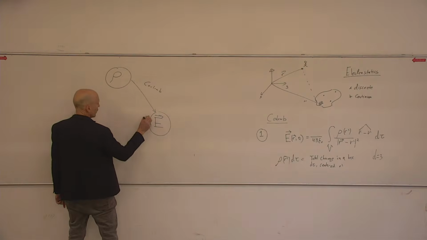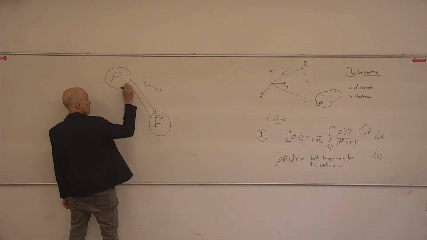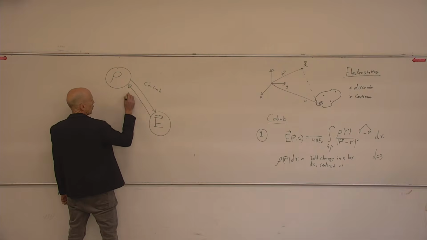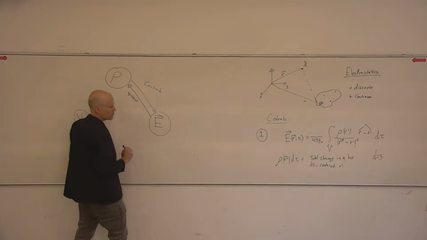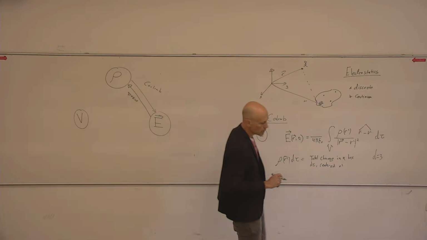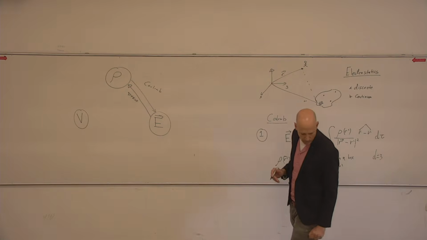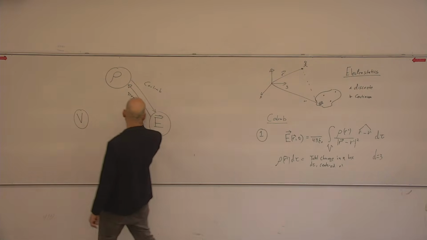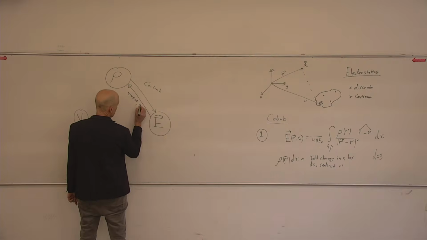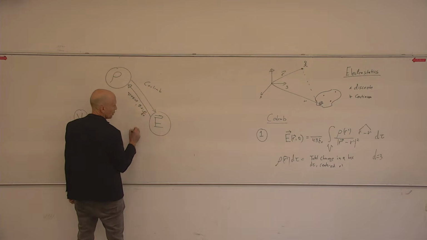If I want to go the opposite way, well, one thing you need to satisfy is that the curl of E is equal to 0. And the second one, which I'm going to discuss a little bit more in detail, is that the divergence of E equals rho divided by epsilon 0.